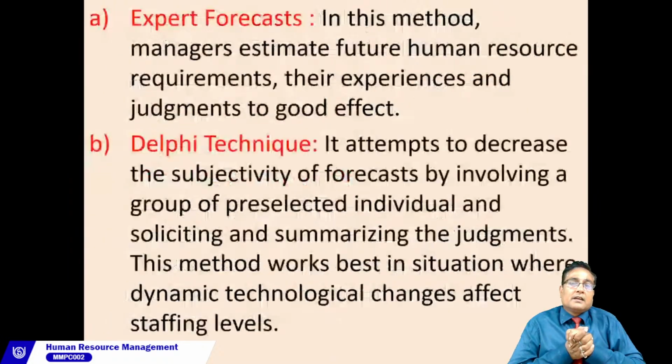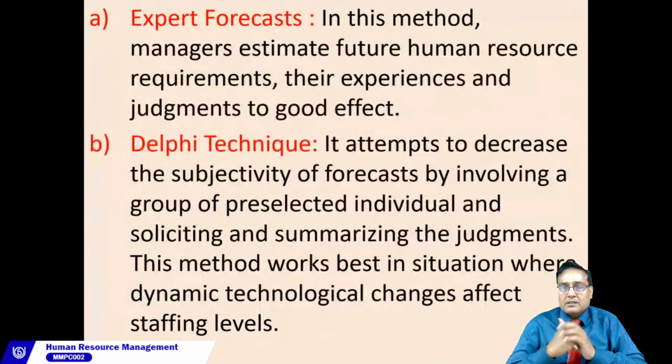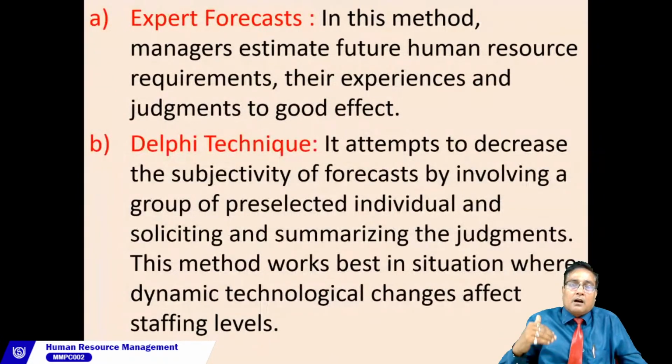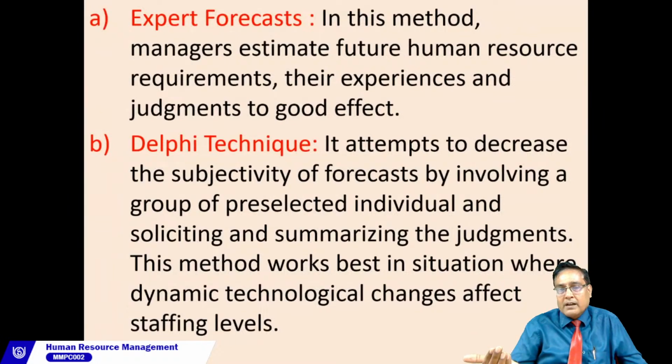Expert forecast: in this method, when we are planning, managers estimate the future human resources, how many human resources are required for the future. So in this method, managers or HR managers estimate the future human resource requirement, and their experiences and judgments are used to good effect, as part of the expert forecast.